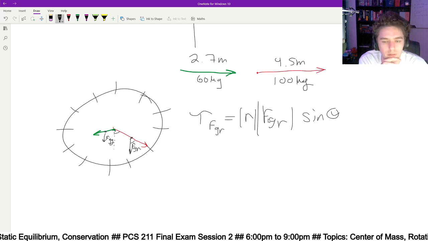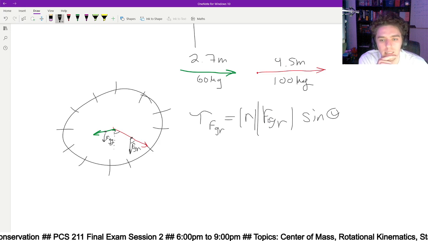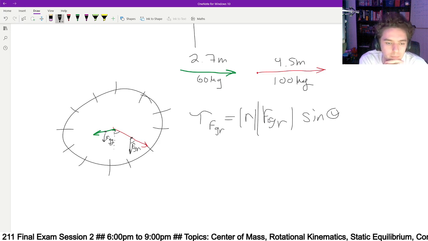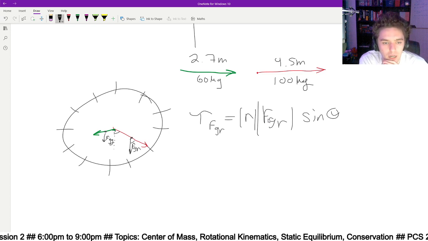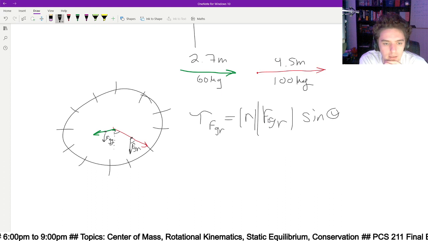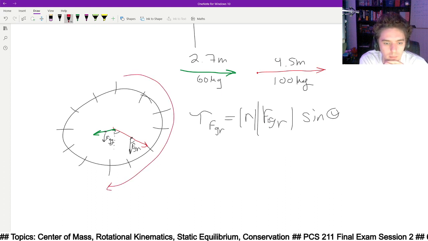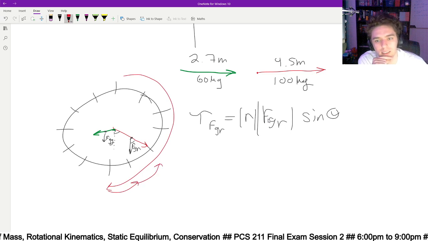So that's why it's useful to find that, right? So let's find that theta first, because we know everything else. We know R, we know FGR. FGR is just mg, right? So that theta is going to be 180 minus 60. 180 minus 30 minus 30. Right? So 180 minus 60 is 120.